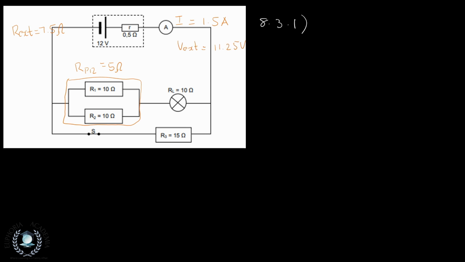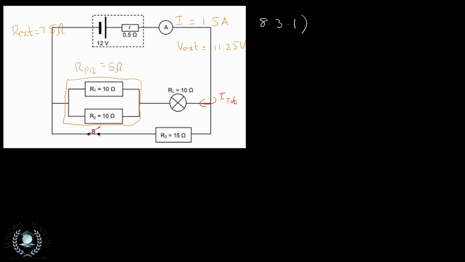Question 8.3.1 states that if the resistance of the light bulb remains constant, how will the brightness of the light bulb be affected if switch S is opened? If switch S is opened, we won't have current flowing through R3, but all of the current will be flowing through this branch right there.